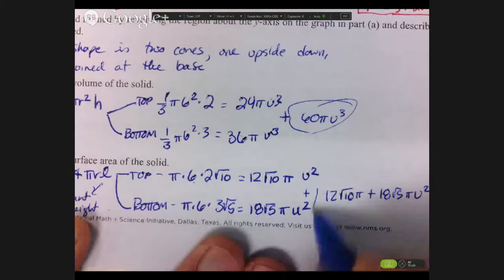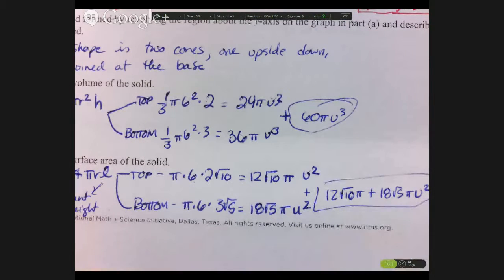So in the real world, would we translate that to a decimal? Yes, we would, because if we want to paint something, it doesn't come in terms of pi. But here we're just going to leave it as is. Okay. So are we crystal clear as mud?